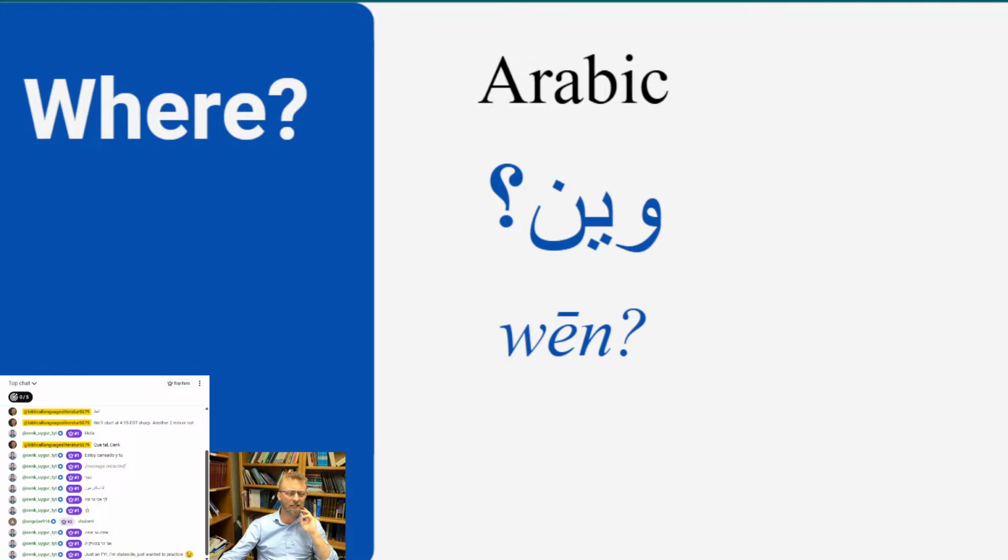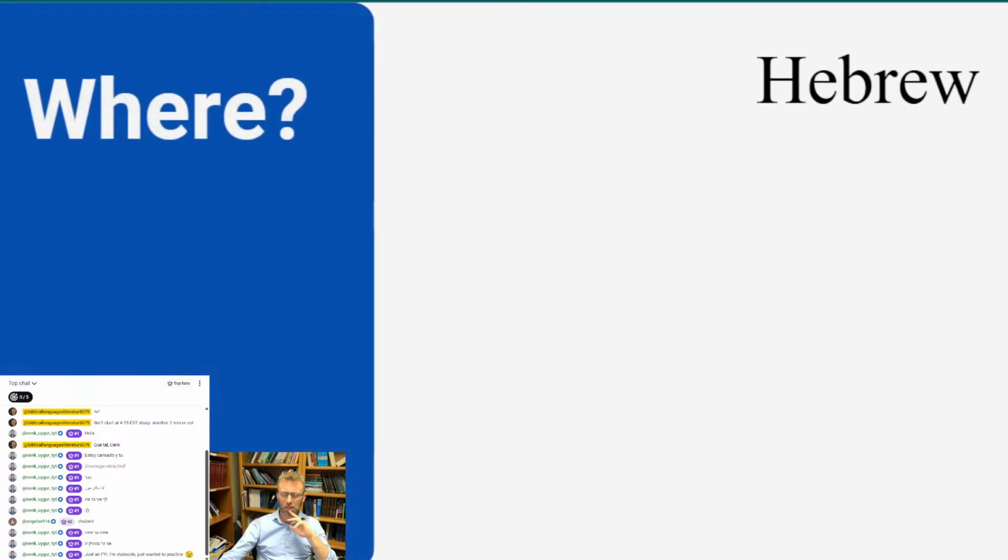But wayn is just the one you're probably going to encounter far more commonly. So we're going to use wayn just to keep things simple. Okay. And then in Hebrew, I know Cenk knows it because he put it in the chat before. How do we ask where something is in Hebrew? Modern Hebrew, that is.